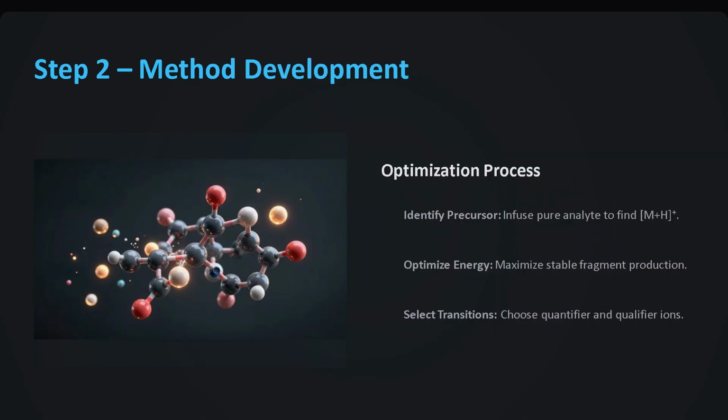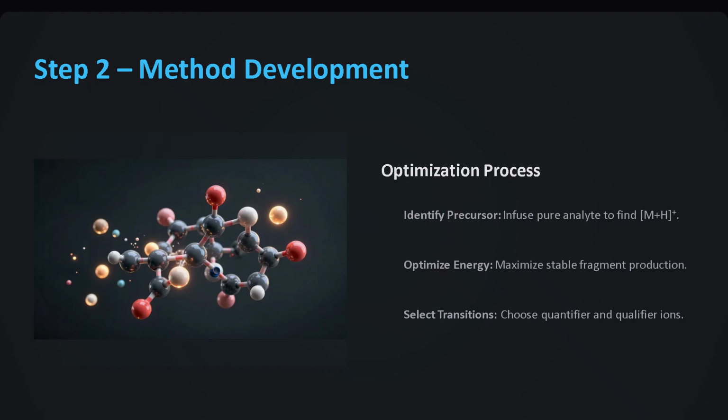Once the sample preparation procedure is established, the next step is method development. First, the analyte is infused into the mass spectrometer to identify its precursor ion, typically the protonated molecule represented as M plus H+. Next, collision energy in the collision cell is optimized to produce stable and reproducible fragment ions.